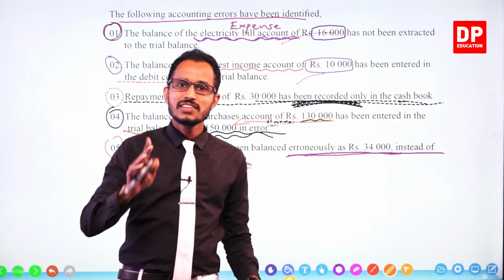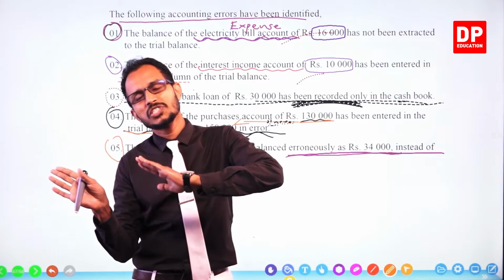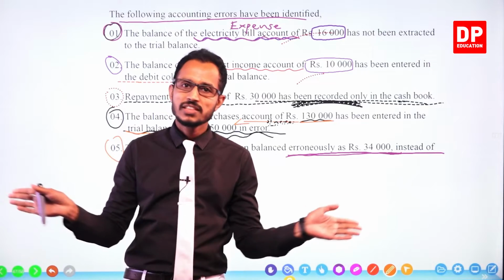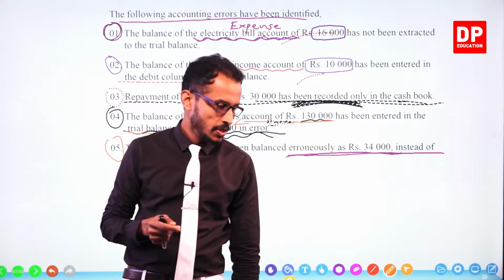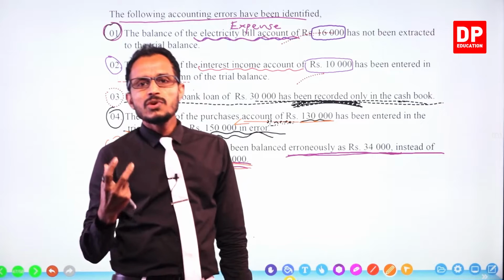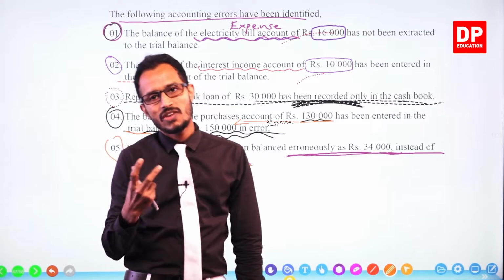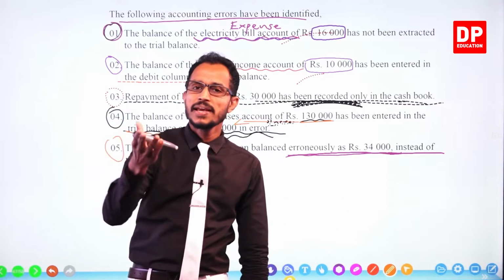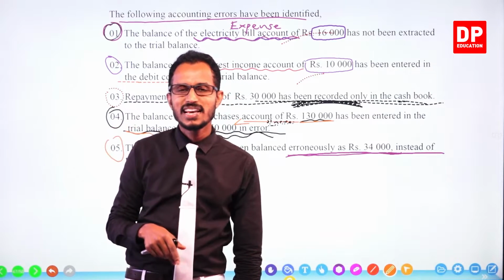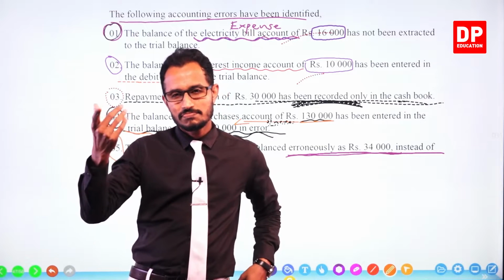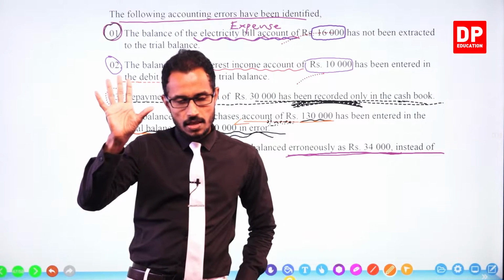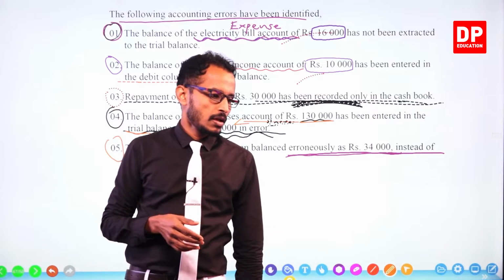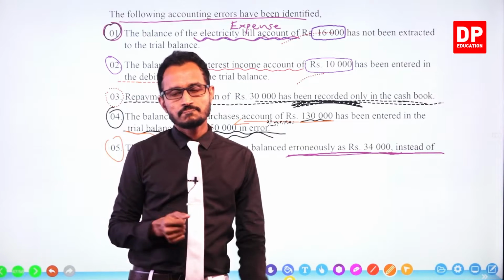If it is an error which is in both sides, debit side and credit side, that will not affect the trial balance. Example, just an example, okay. Electricity bill paid, 5,000.